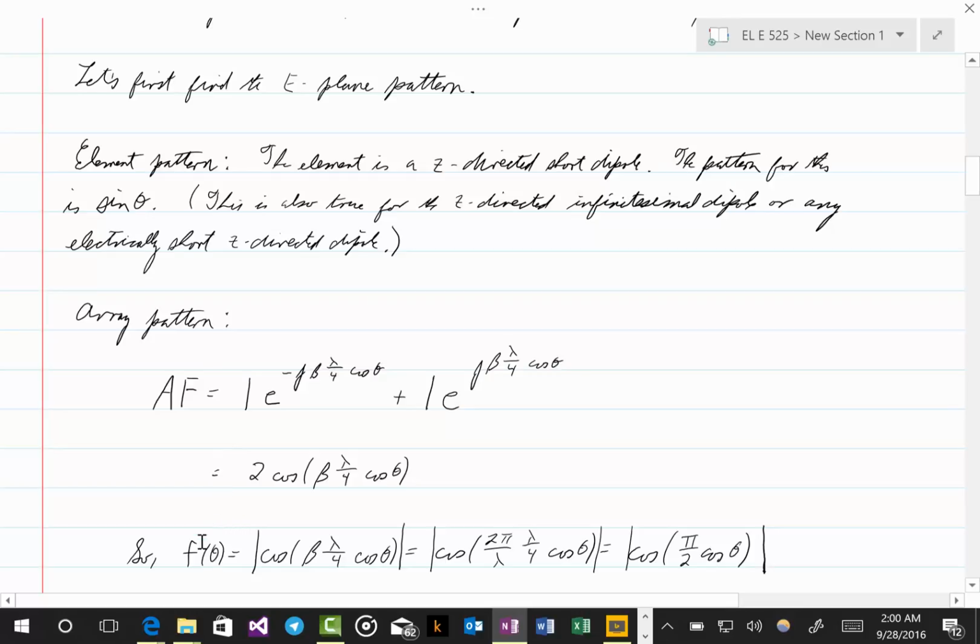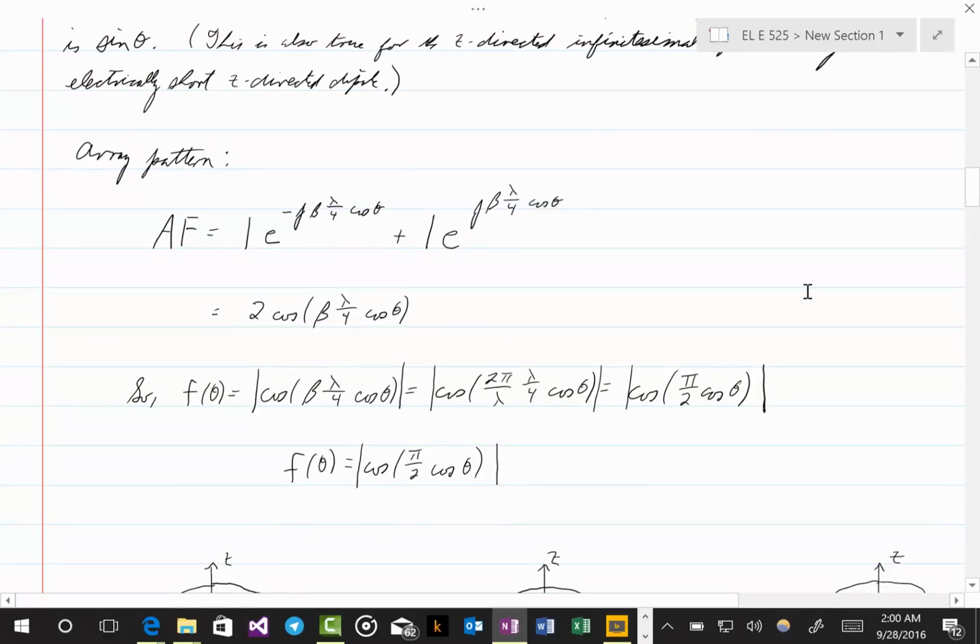And then for the normalized array factor, we divide this by 2 and take the absolute value just to make sure that we get a positive number. So we get the absolute value of cosine of beta lambda over 4 cosine theta. But beta is 2 pi over lambda, so this becomes the absolute value of cosine of 2 pi over lambda times lambda over 4 cosine theta.